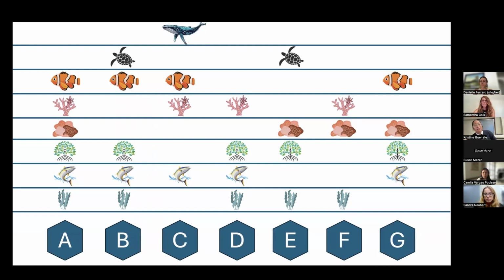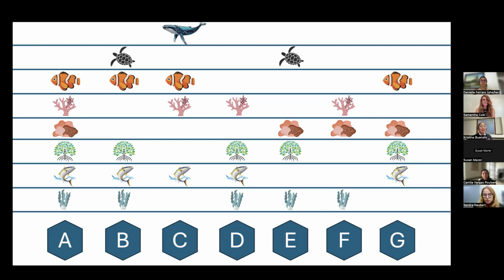So we have planning units from A to G, and here we have 8 different conservation features, biodiversity features, and each planning unit has its set of biodiversity features within it. And let's say that the goal is to get one of each of the conservation features. So we want one of each of these species.